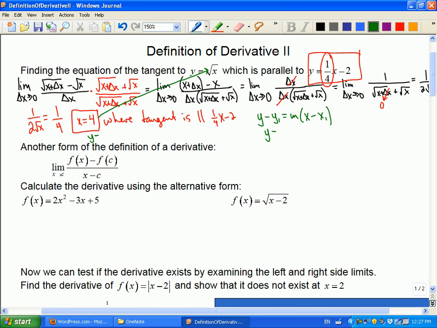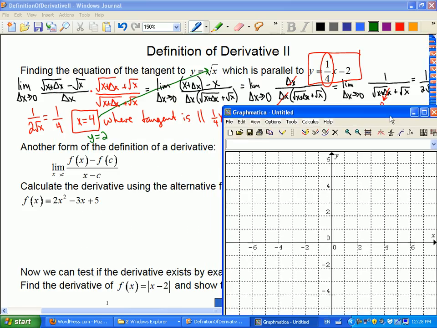It's y equals 2. We just said the slope has to be 1/4 to be parallel, and the point for x is at 4. So this would be the equation of a line that is parallel to 1/4 x minus 2 and is also tangent to the graph of square root of x.